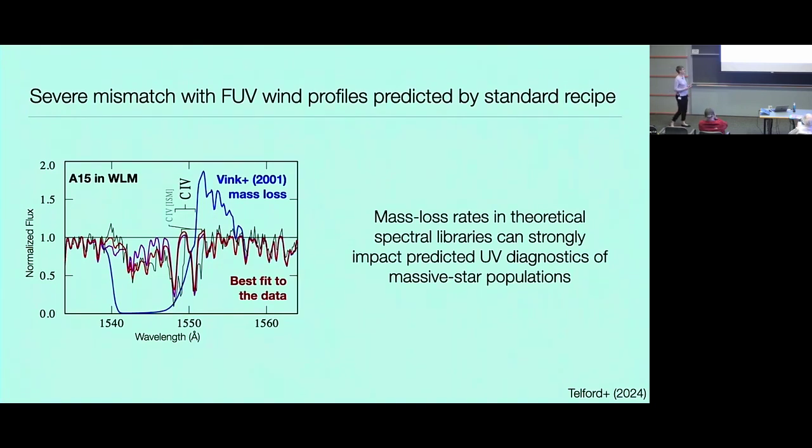Because JWST is really only accessing the rest UV of the highest redshift galaxies. And so we have precious few diagnostics of the stellar properties, and the wind lines really are one of them. So to connect the observed wind features with the properties of the stars producing them, I think is going to require an update to these models.